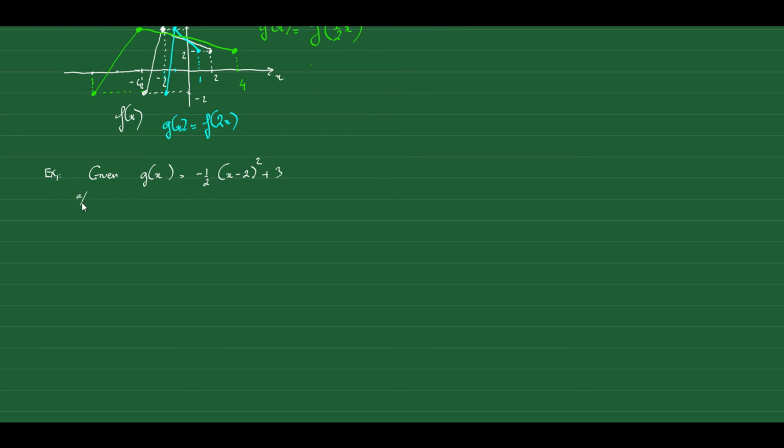On the first question, I want you to state the parent function, I mean, state the function f of x. And number 2, I want you to state all transformations. Okay, let's see how we do this.